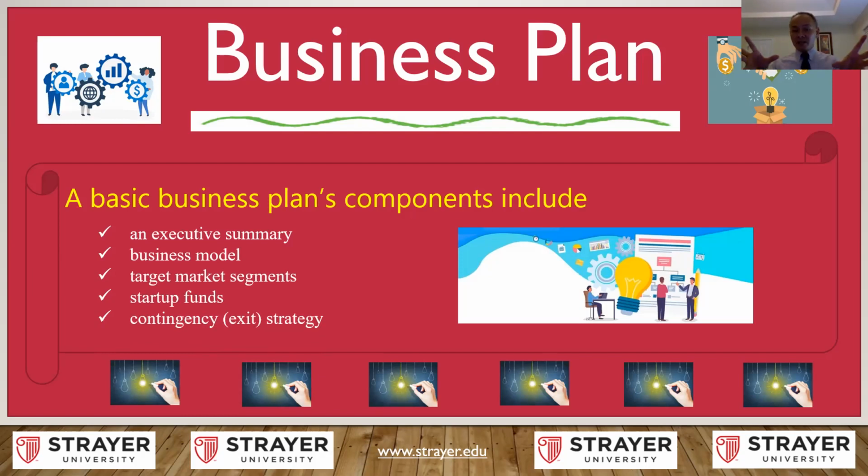So these are the basic components of a business plan, whether you use a one-page, a lean, a standard, or a feasibility business plan. These are some of the basic components that a business plan must have.